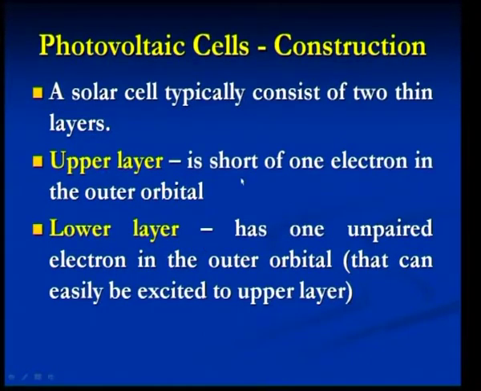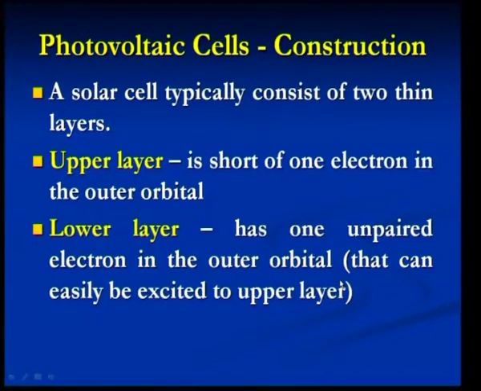Essentially, the upper layer is short of 1 electron in the outer orbital of the atoms that are present in the upper layer, whereas in the lower layer the atoms present here have 1 unpaired electron in excess in the outer orbital, or the valence electron is available as 1 unpaired excess electron in these atoms that are available to undergo excitation.